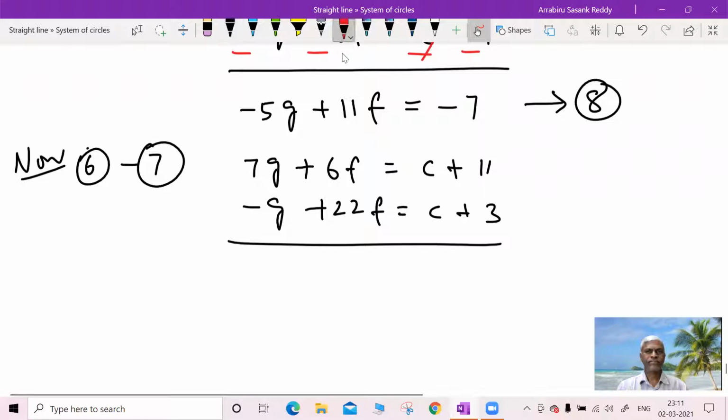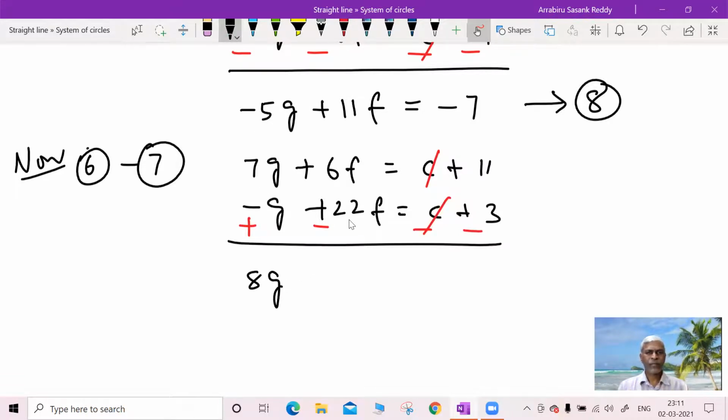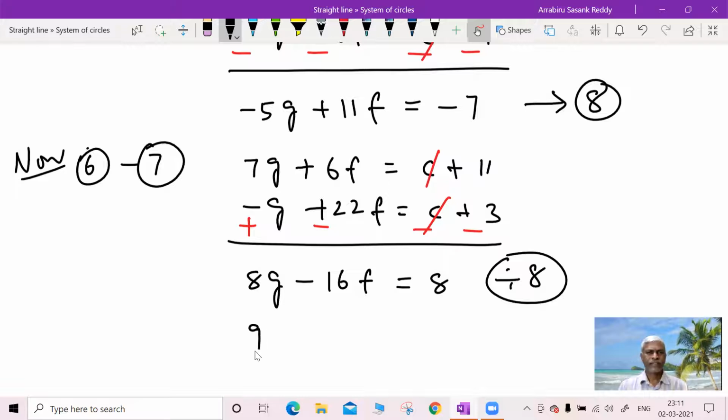Subtracting, C will get cancelled. 7 plus 1, 8G, 6 minus 22, minus 16F, is equal to 11 minus 3, 8. So dividing by 8, this is G minus 2F is equal to 1. Let us call it equation 9.